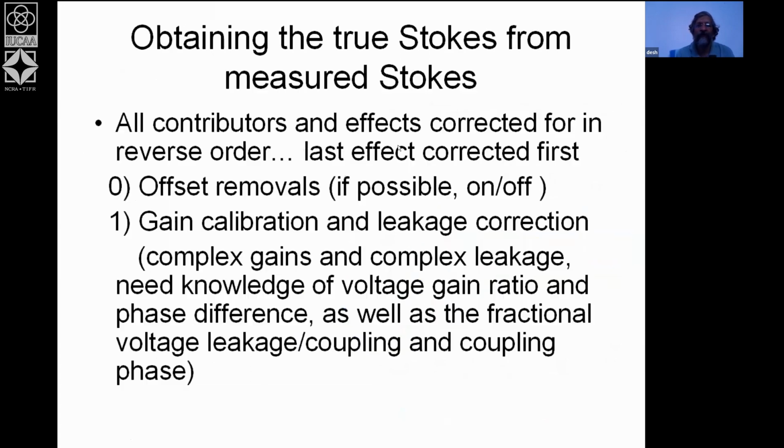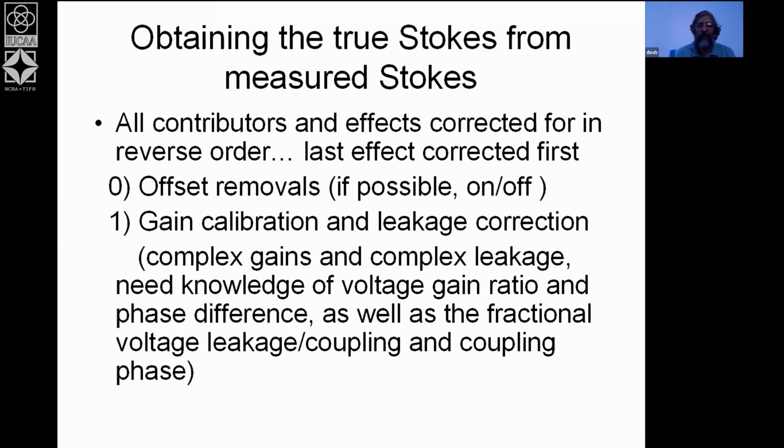It's simple geometry. Apart from removing the offsets in the measurements of whatever total powers you measure, other than the cross correlations, you will find you also need to calibrate the gains and leakages and so on, if there are any. And there are ways to do these measurements.